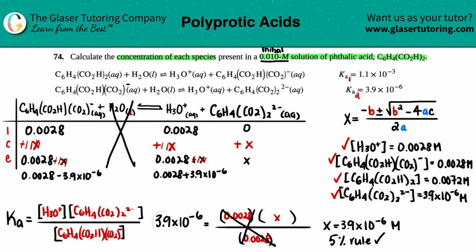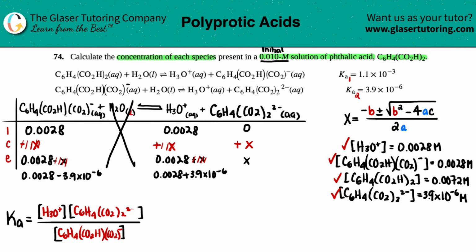So I'm just going to get rid of all this. Pause the video if you need to. And remember the formula between H3O plus and OH minus: Kw equals the concentration of those two multiplied together. So you have hydronium times hydroxide, and if we want to solve for OH minus, we just have to divide by H3O plus, right?